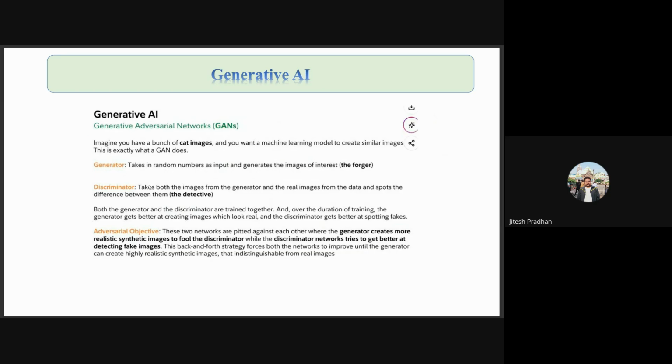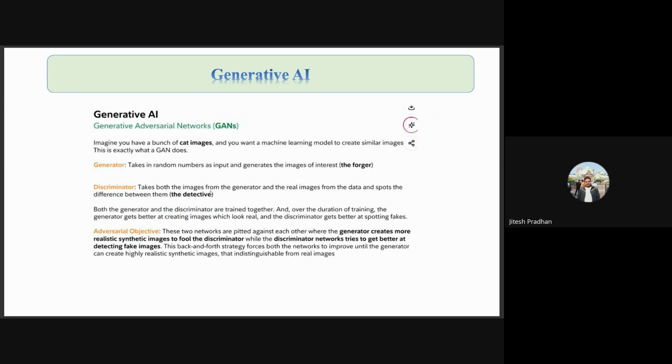It's called adversarial learning. In adversarial objectives, these two networks, the generator network and the discriminator network, basically compete with each other. So what will be the competition? The generator wants to fail the discriminator, and the discriminator wants to fail the generator. The generator's objective is to generate a fake image that looks so real that the discriminator can't discriminate, and the discriminator's objective is to discriminate between fake and real.